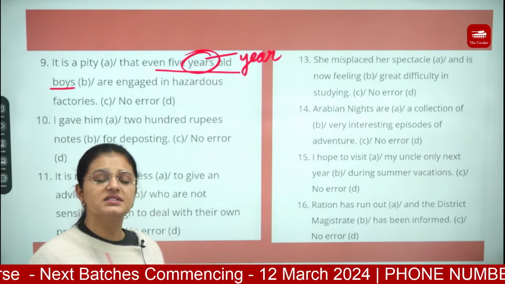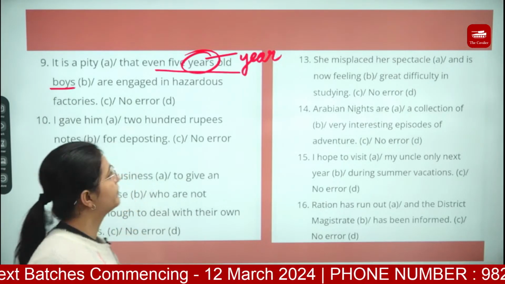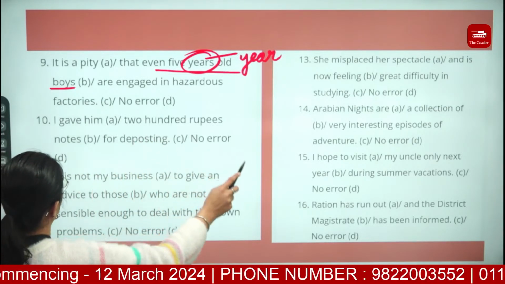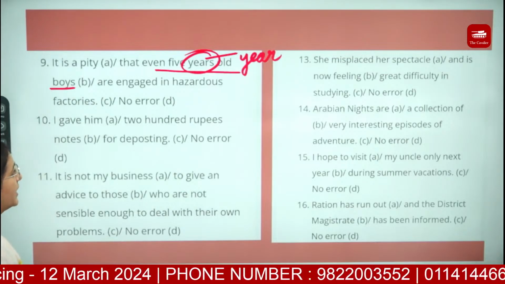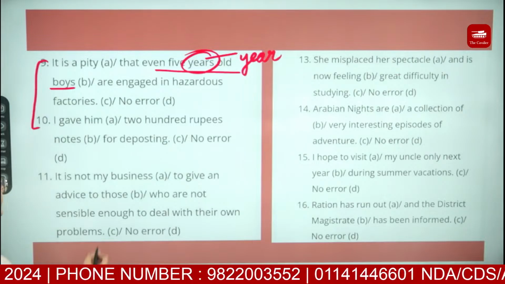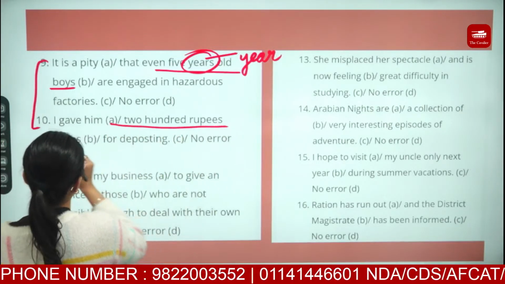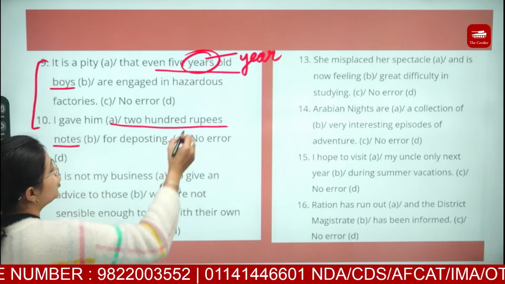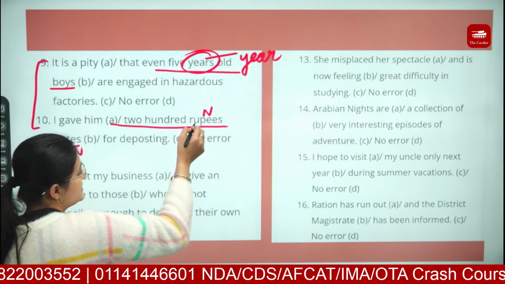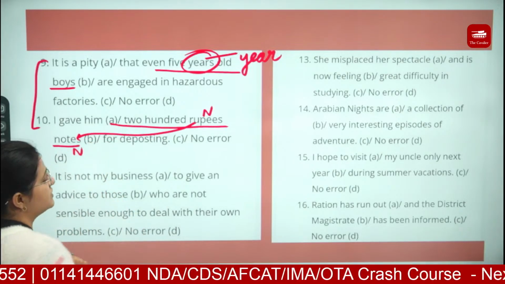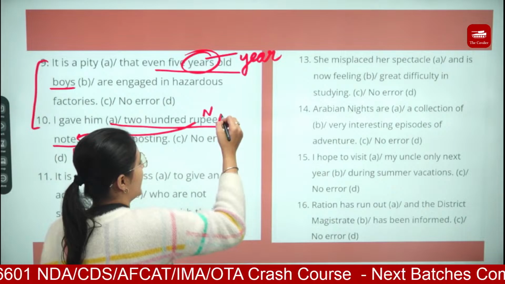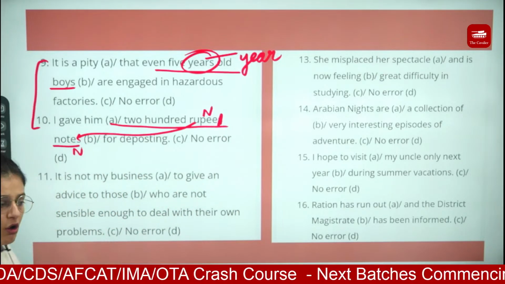As a singular noun. Okay, चलो next. I gave him 100 rupees note for depositing. दोनों सेम टॉपिक से रिलेटेड. Okay, जैसे 200 rupees notes. Okay, so rupees is noun, notes is also noun, but this noun is quality noun. ये किसमें होना चाहिए? Singular में. That is why rupee.